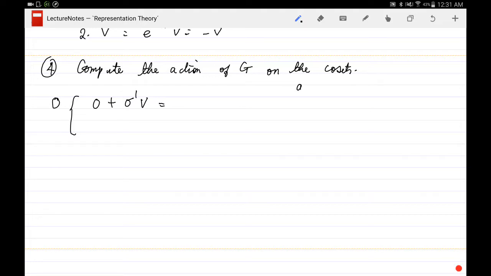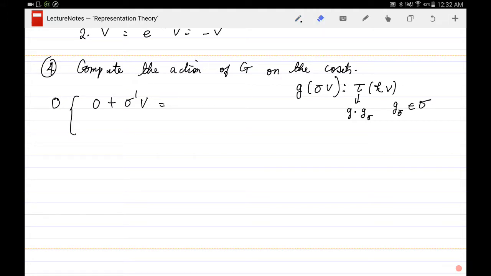We had the group G, an element of the group G. It's going to act on the coset, and this is defined as another coset, and whatever coset comes here is the one that has G times G sigma, where G sigma is an element of the coset.